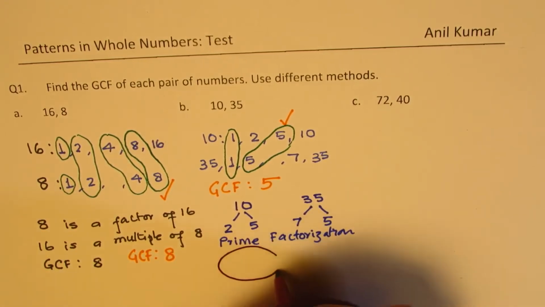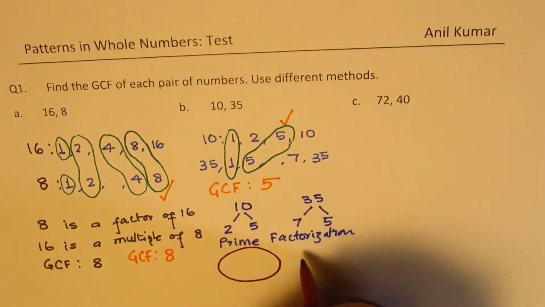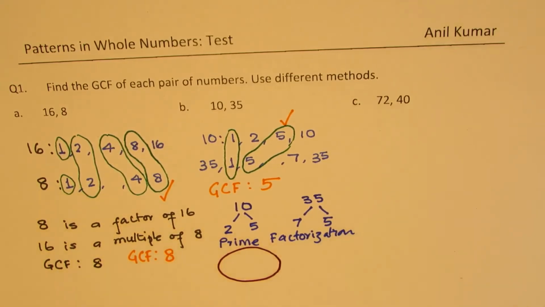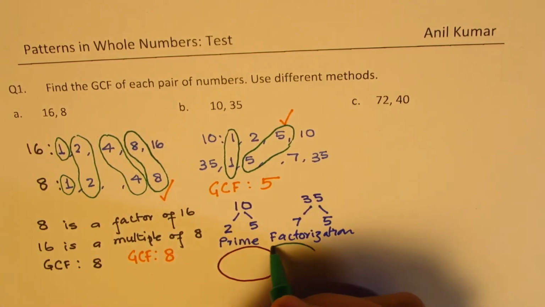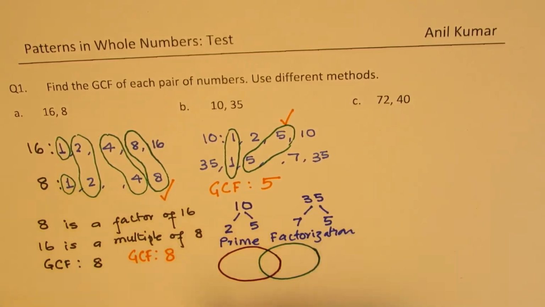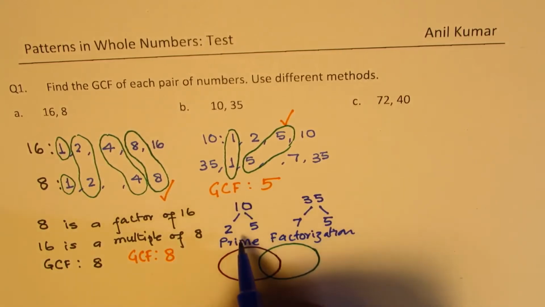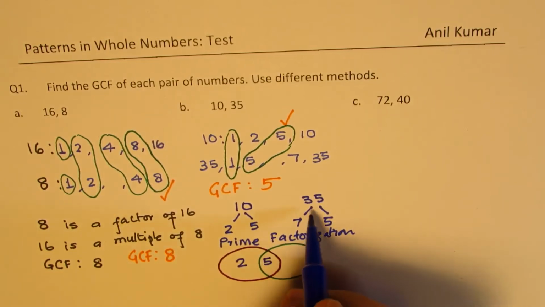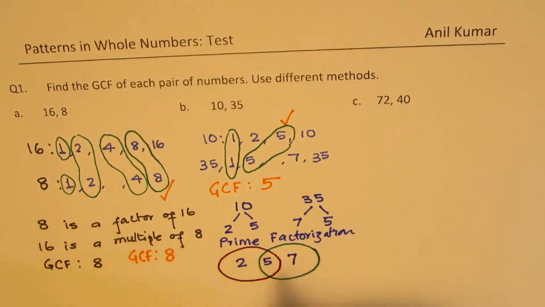We can actually combine it with Venn diagrams, right? So let me draw a Venn diagram with two circles. Here we will write factors for 10, 5 being common. So 2 and 5, and 5 is common, correct? And that is for 35, 7, correct?